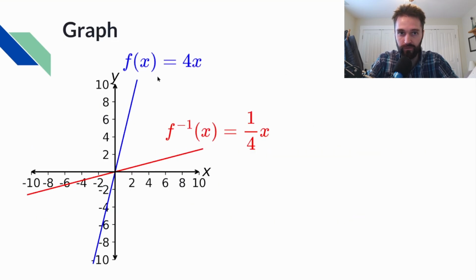Here I have the blue function f and the red function f inverse. As we mentioned in the previous video, these lines are reflections of each other, right? The red line is the blue line reflected across the line y equals x. Okay, so it's a reflection across this dotted line.